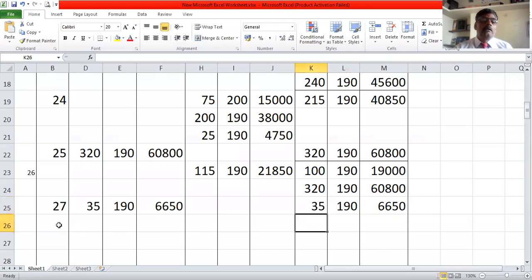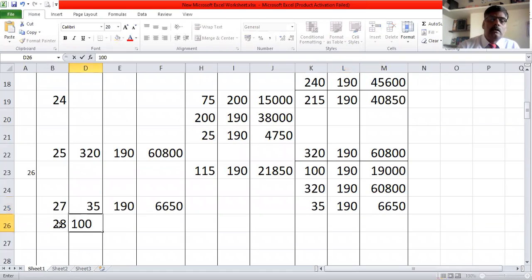Okay. Then next date is 28. On 28 there is a receipt. So you record in the receipt column. Date is 28. Received is 100 tons. Rate is again 190.